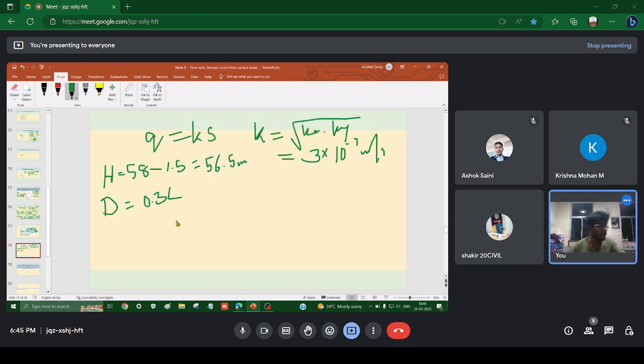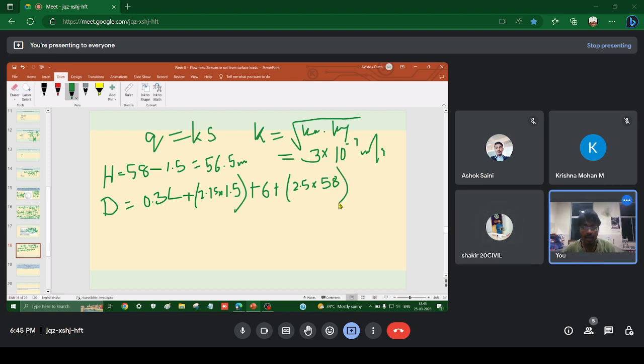So we can find out D like this: 0.3 L plus the upstream slope 2.75 into 1.5 freeboard, plus 6 meter crest height, plus 2.5 into H, that is 58, the entire height.